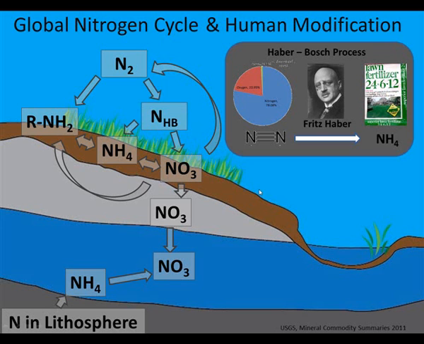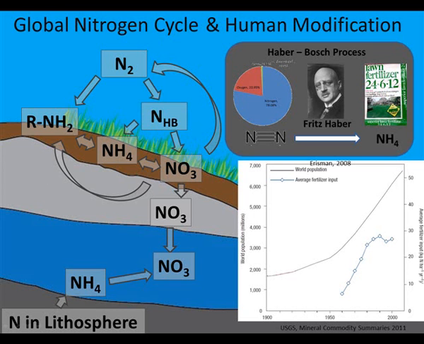As a result, humans have dramatically changed the global nitrogen cycle. In this plot from a paper by Erisman that's available in your supplemental readings, we see the world's population growing and the global inputs of nitrogen in the form of Haber-Bosch fixed ammonia.